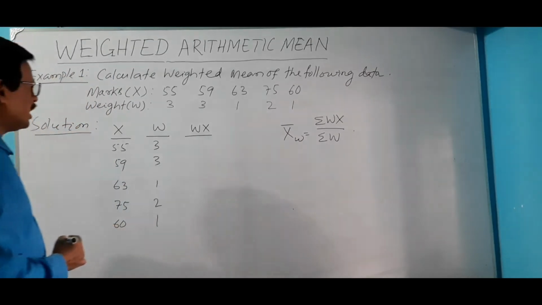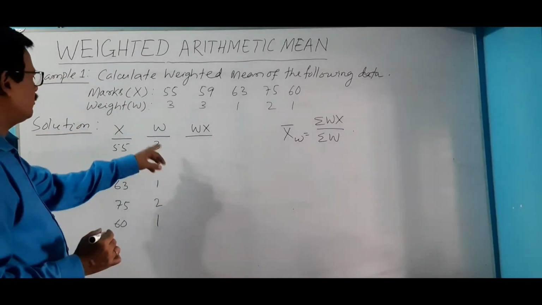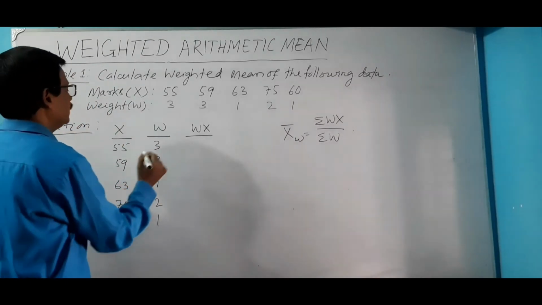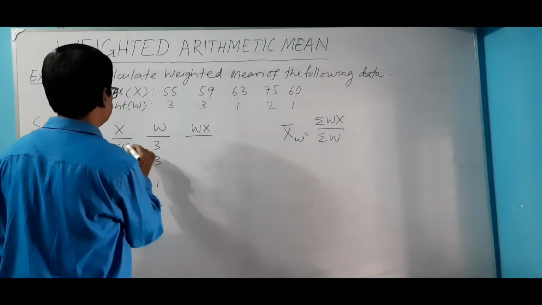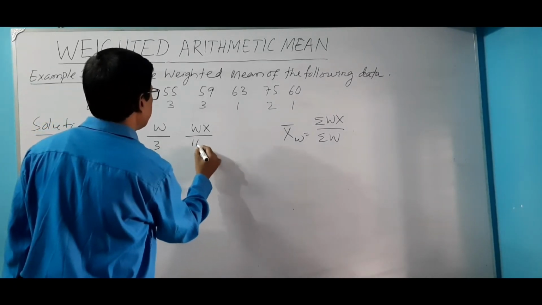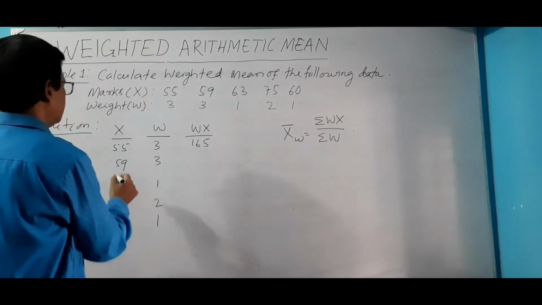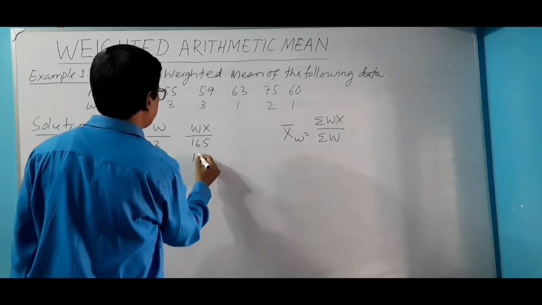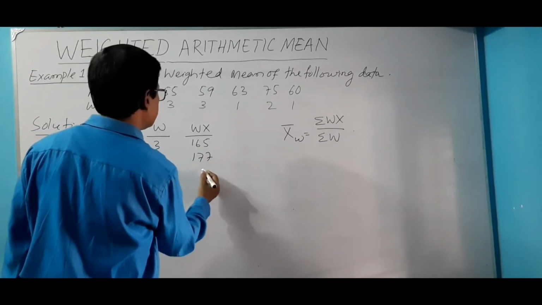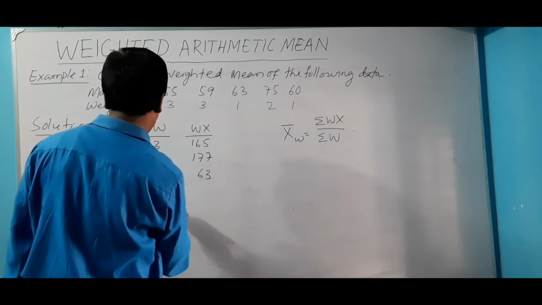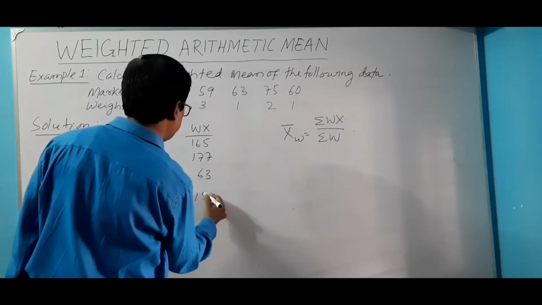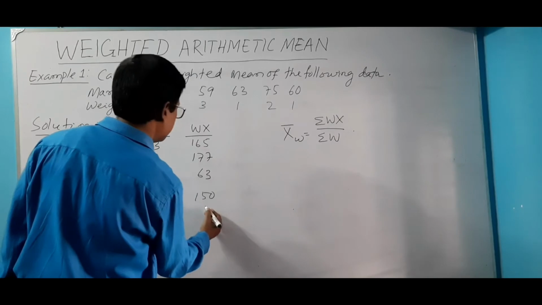Now find out Wx. Multiply these two. How much does it come to? 165, then 177, 63, then 150, then 60.